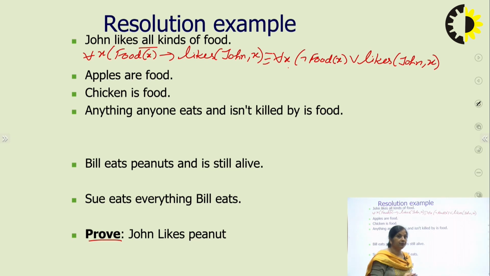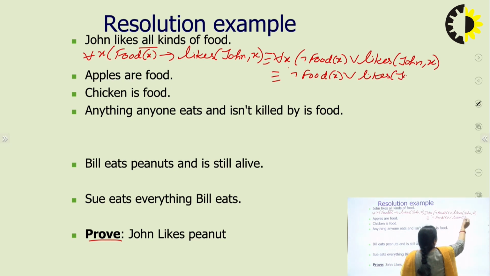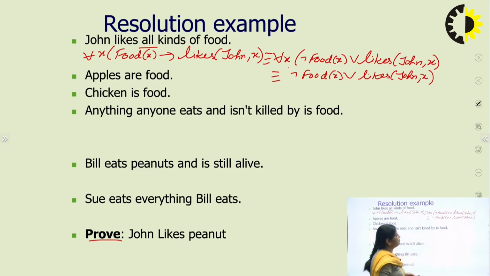Then after doing all those, we can drop the quantifiers. What is our quantifier left here? That is for all X only. So we will simply drop it. So what we are left with is equivalent to not of food X or John likes X. Now if we see, we are only having not and or.